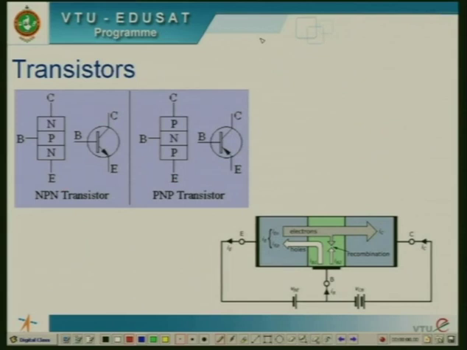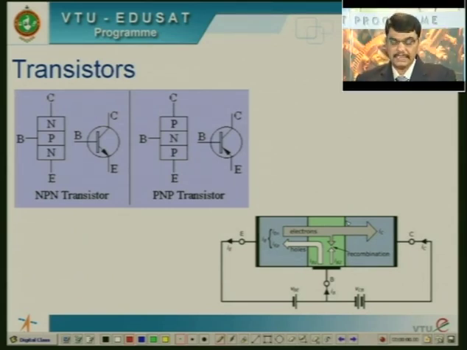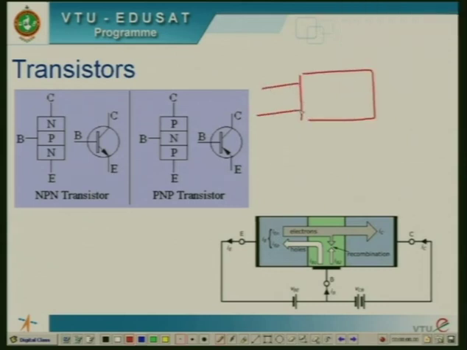Now, consider the current flowing during the operation of a transistor. There are two junctions, an emitter-base junction and a collector-base junction. How many terminals are required for input and output? For any connection, two input terminals and two output terminals are required, so in total we need four terminals.